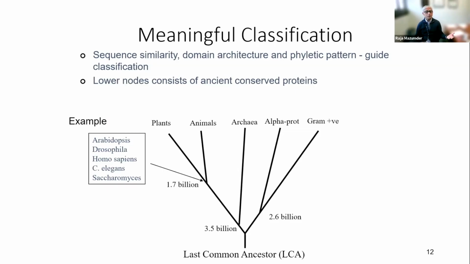What it means is that just by looking at the results of your BLAST, you can then say, oh, my protein most probably is 1.7 billion years old because the common ancestor has to have it. I mean, that's the most reasonable interpretation when you have homologs in multiple organisms. If you have homologs in all of the organisms, then it's 3.5 billion years old.